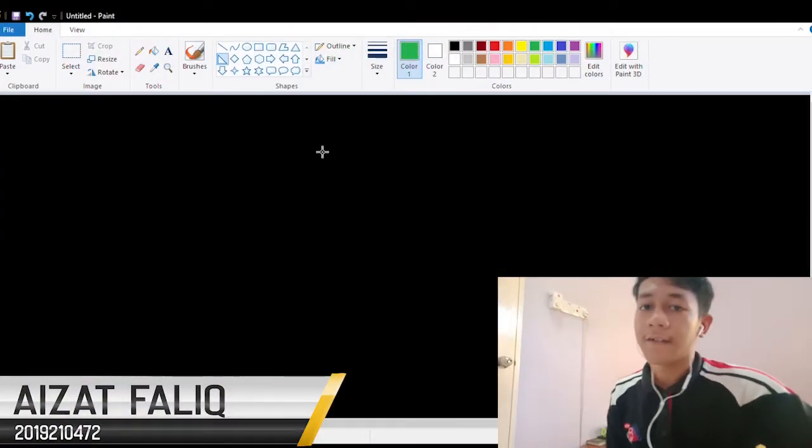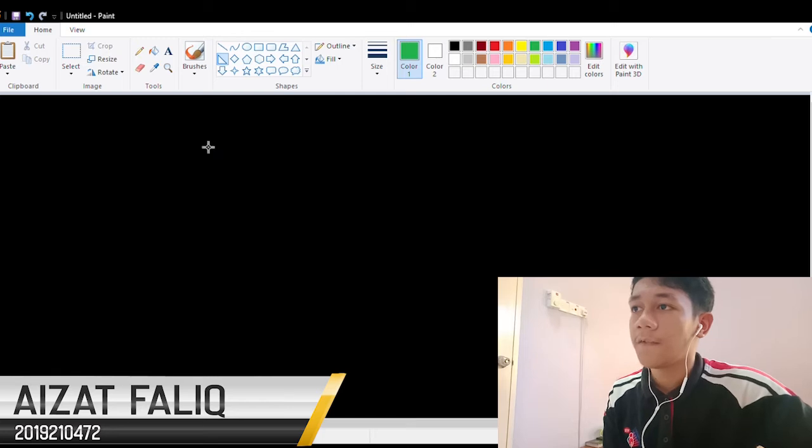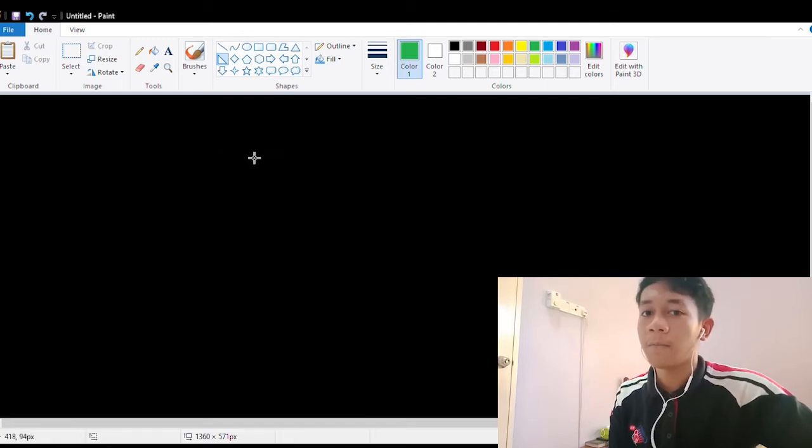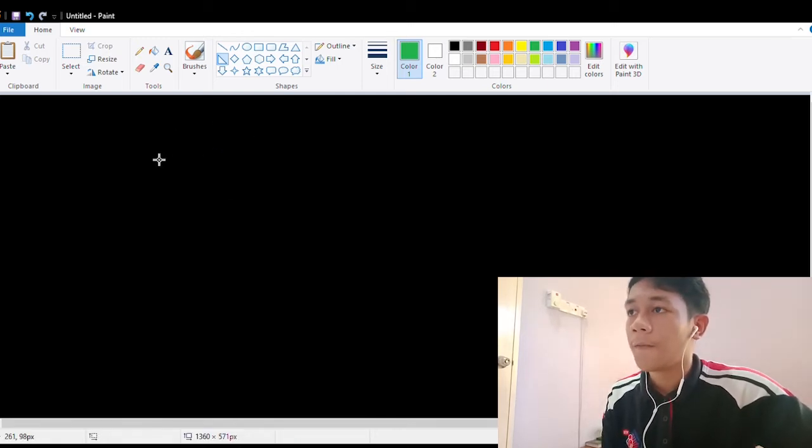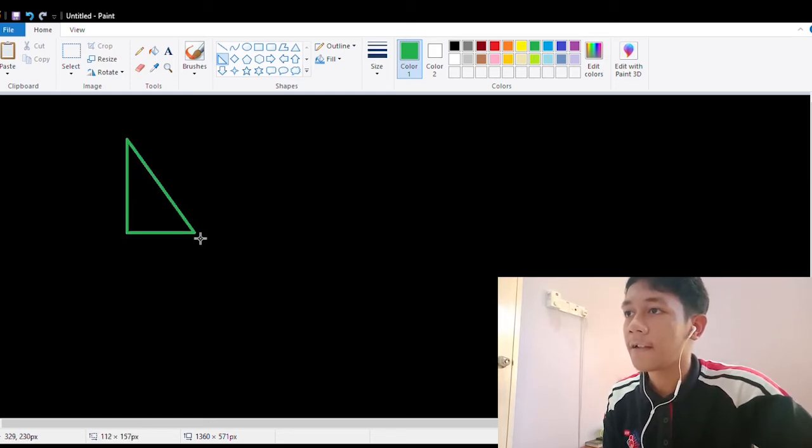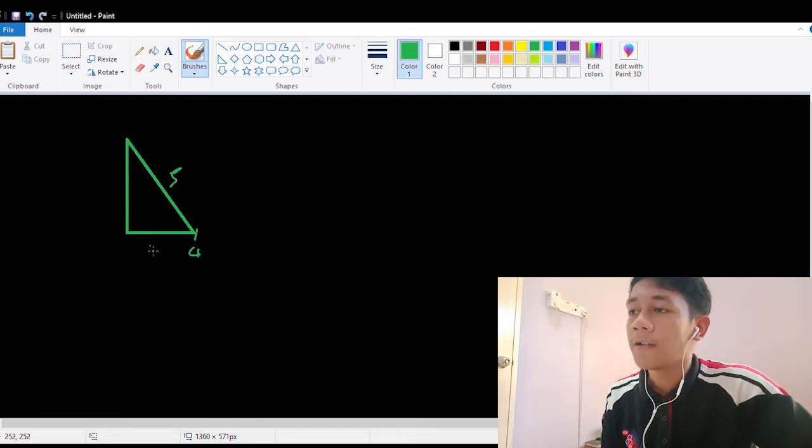So to get the answer for this question, we first need to know the information about it. First, we know that the resting ladder forms the shape of a triangle, and the length of the ladder is 5 meters. We also know that the foot of the ladder is 4 meters away from the wall, and that the rate at which the foot moves away from the wall is 2 meters per second.